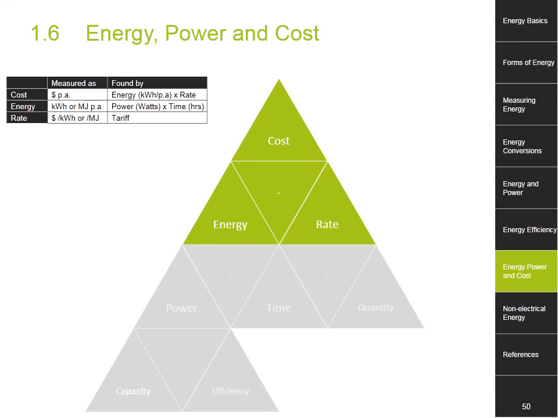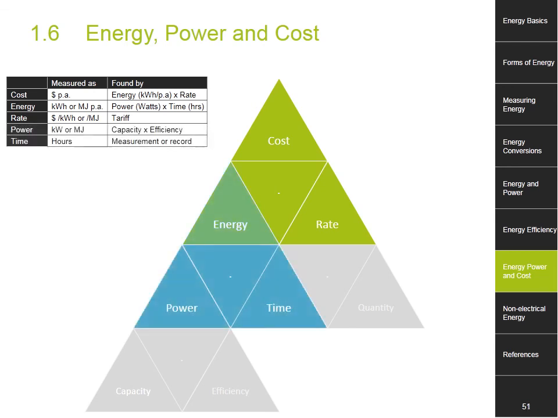Using the concept of the energy triangle, let's look at the cost being a product of the energy and rate. When looking at the electrical energy, cost is expressed as dollars per year, found by multiplying the total kilowatt hours of the year by the rate, or tariff set by the retailer. Below that, energy can be calculated as the product of power and time.